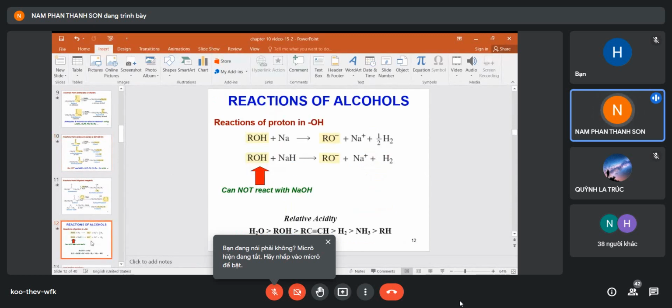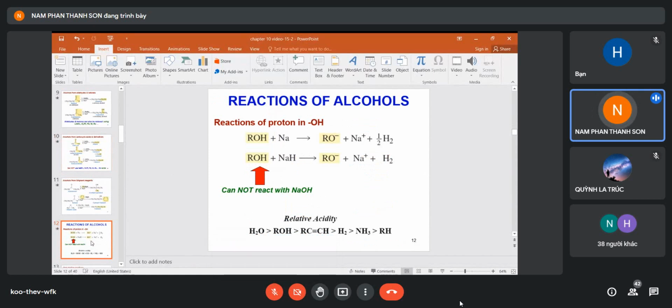Okay, so we have alcohols. What should we do with alcohols? In alcohols we have OH. We can remove this proton by using a strong base, because alkoxide, RO-, is a strong base.